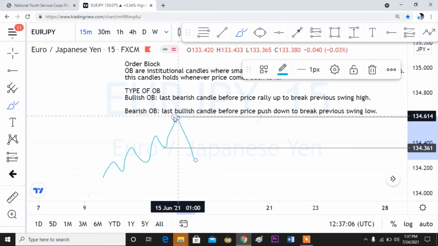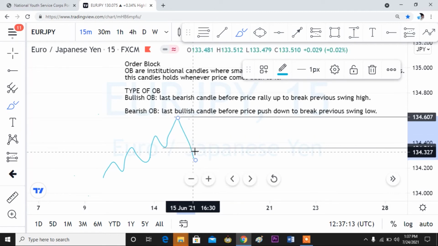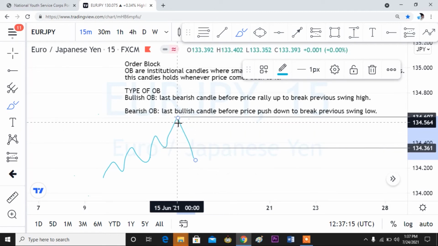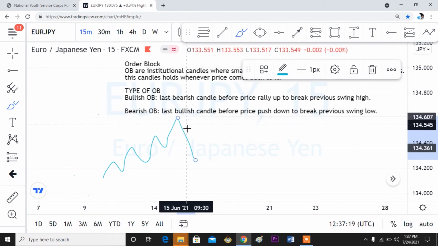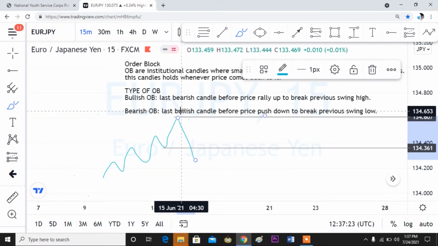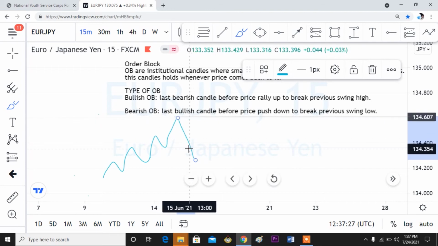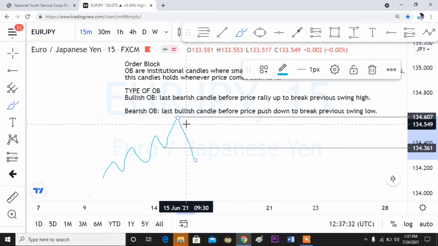So suppose in this case the market breaks the swing low here. Now when we talk about the bearish order block, the last bullish candle that caused this move down is the bearish order block. So the last bullish candle before the market breaks this swing low is the bearish order block.